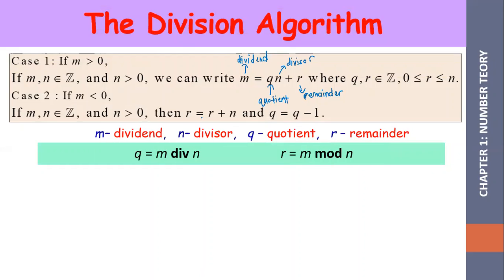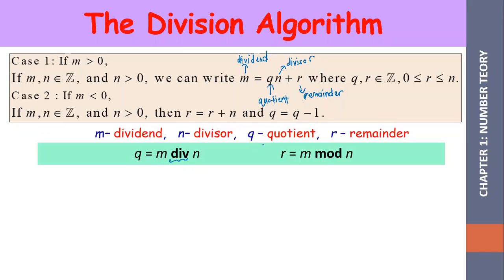Okay, so given q is equal to m div n. Again, q is the quotient, and r, the remainder, is equal to m mod n, modulo.